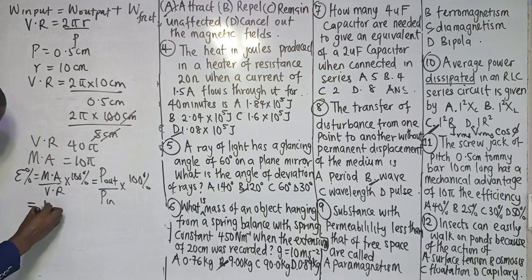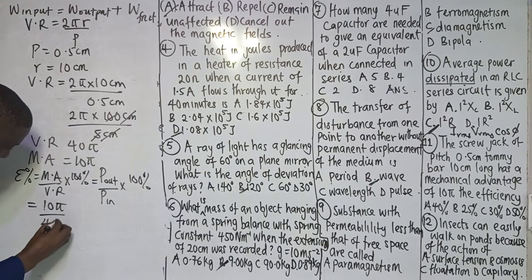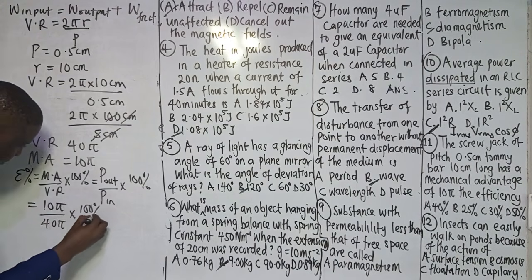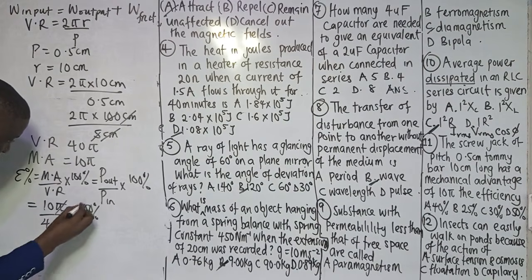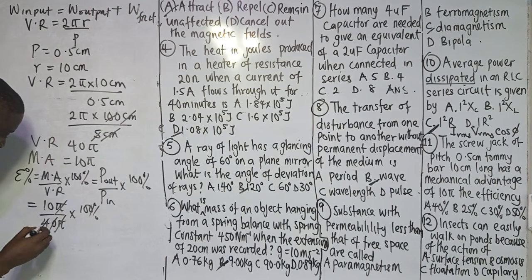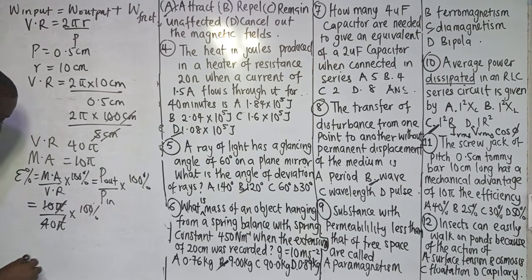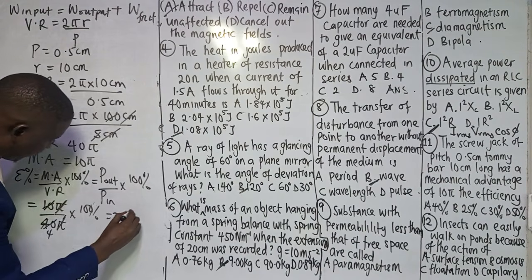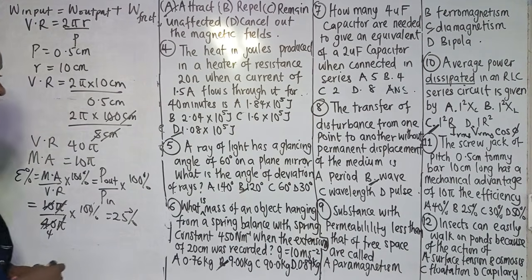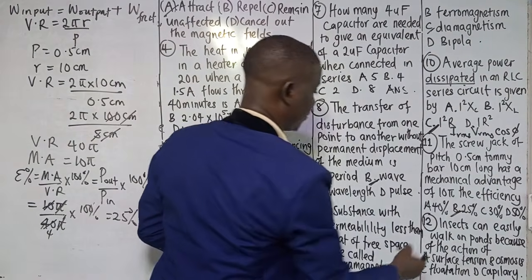This will be 10 pi over 40 pi times 100%. So pi cancels pi, and 10 into 40 gives 4. So that is 25%.